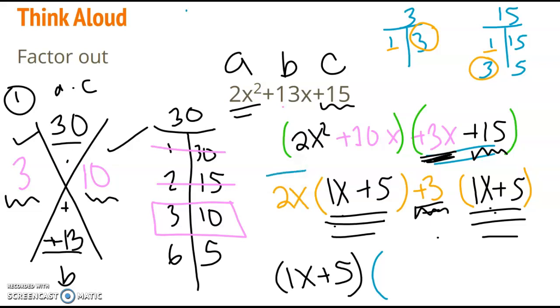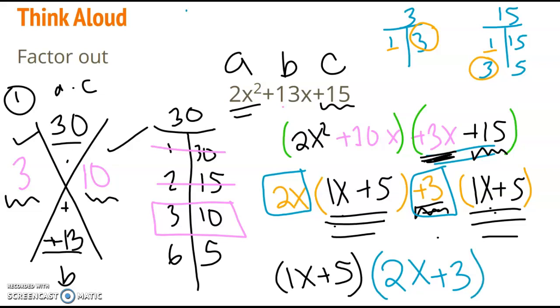For example, I factored out this 2x, and I also factored out this positive 3. And that is going to be my second binomial. So once again, my very first binomial, which is this 1x plus 5, is what was inside of the parentheses for both cases. And then the second binomial is what we factored out, this 2x and this positive 3.